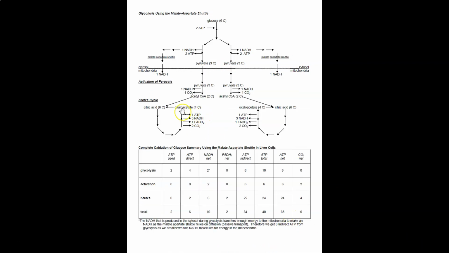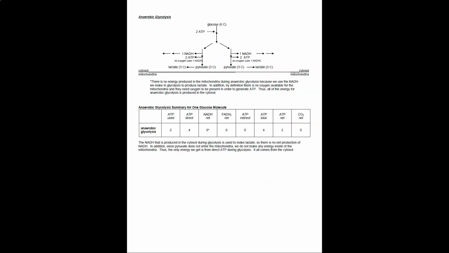If you look at the malate aspartate shuttle, that's the same thing as saying in liver or heart muscle. It's the same thing as saying 40 total, 38 net, passive transport mechanism. So all those refer to the same pathway.